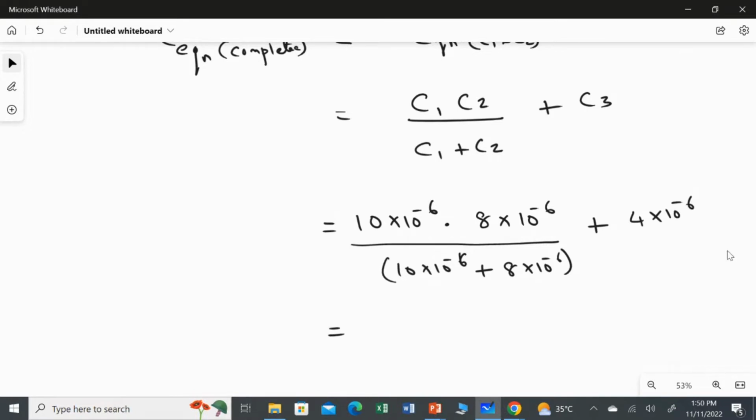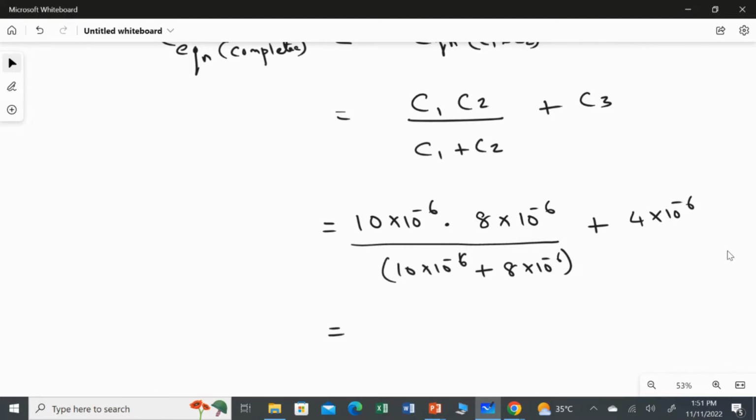Now you have to calculate very carefully. If you make a small mistake, our total effort will be wasted, so please do your calculation very carefully. So I'm going to calculate 10 multiplied by 10 power minus 6 times 8 multiplied by 10 power minus 6, divided by 10 multiplied by 10 power minus 6 plus 8 multiplied by 10 power minus 6 plus 4 multiplied by 10 power minus 6.